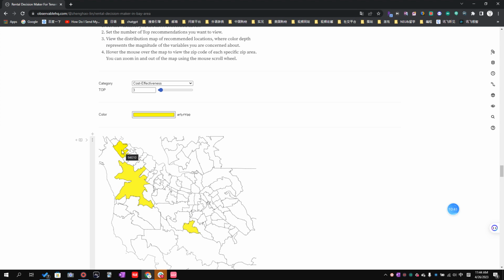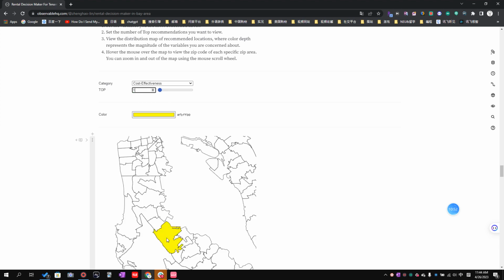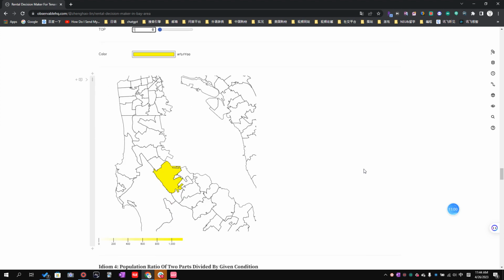You can see the zip code by hovering your cursor on it. So we can see which is the top one. The top one is 94010. And I think in this study, I will take this one as the best recommended one.